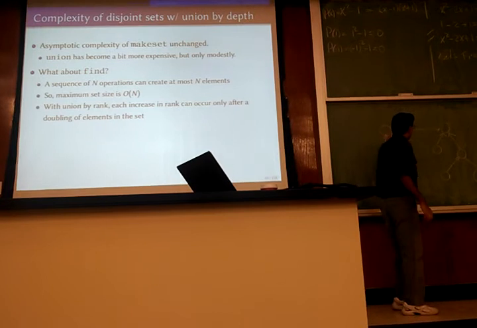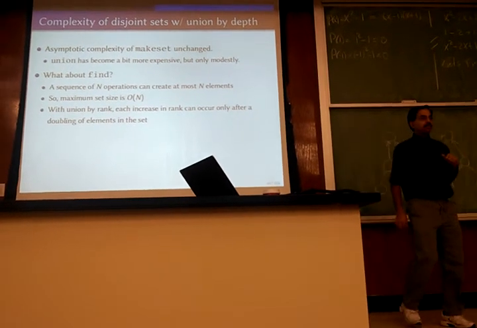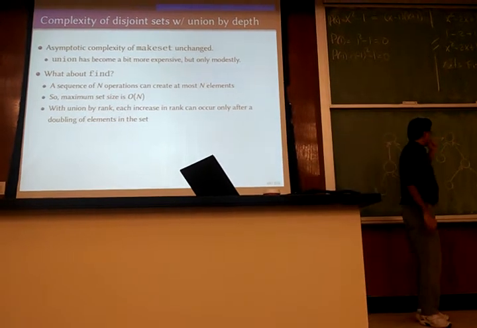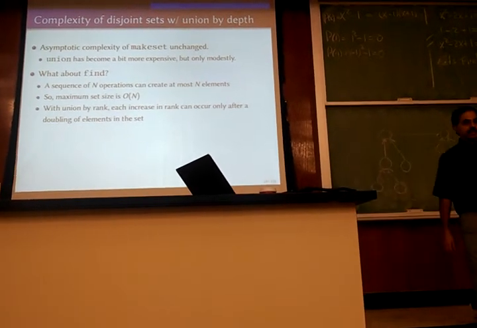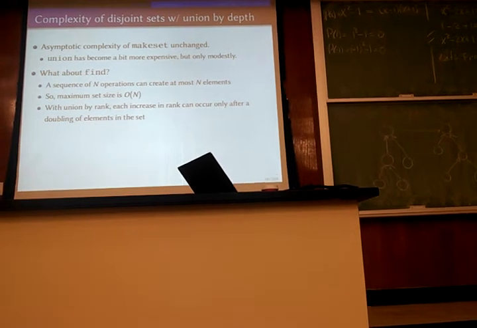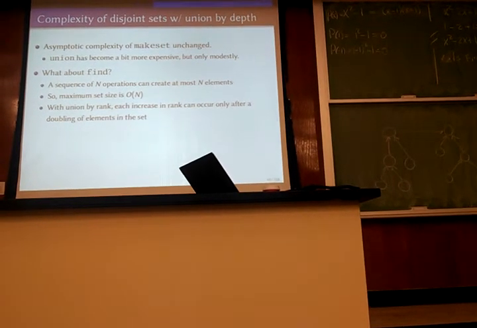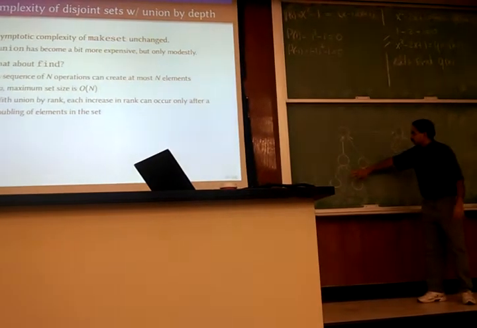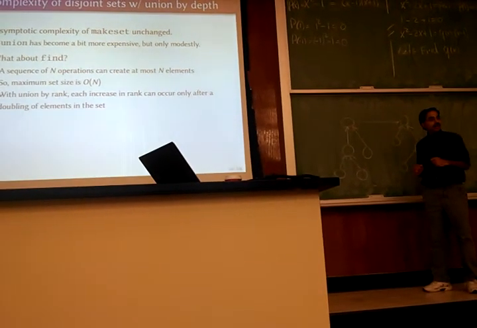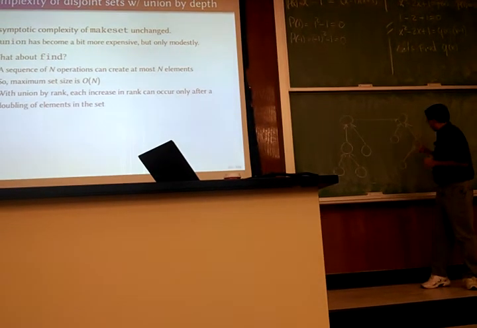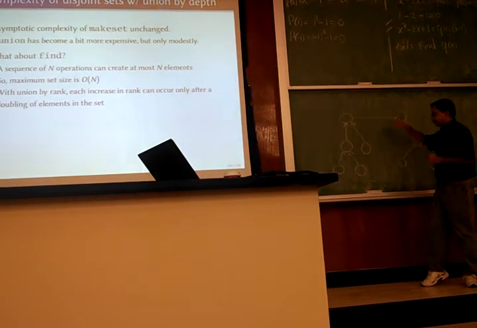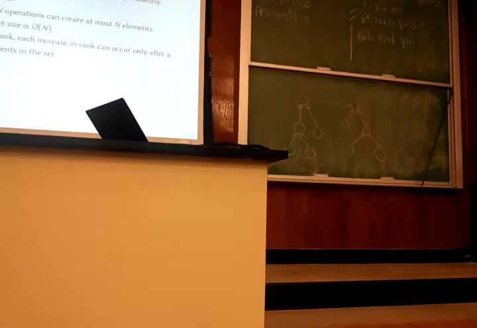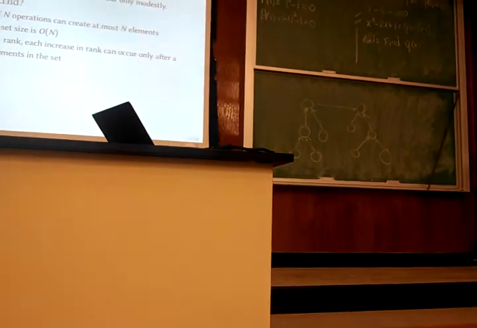We are saying that only when you put two sets together that have the same rank, then only the rank increases, right? Which means that you are doubling the number of elements, because rank 2 has this many elements and rank 2 has this many elements. And when you go from rank 2 to rank 3, you at least have a rank 1, rank 2 child.